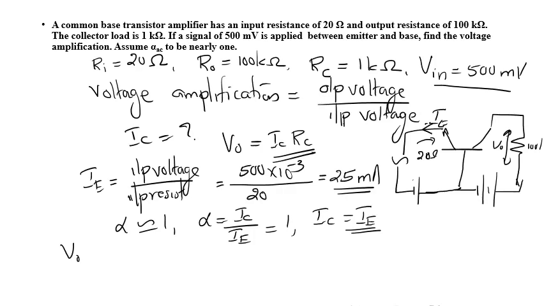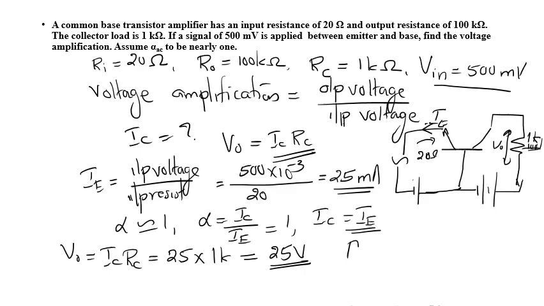Output voltage is IC RC, that is 25 milliampere into RC, which is 1k. So that is equal to 25 volt. The output voltage is 25 volt.